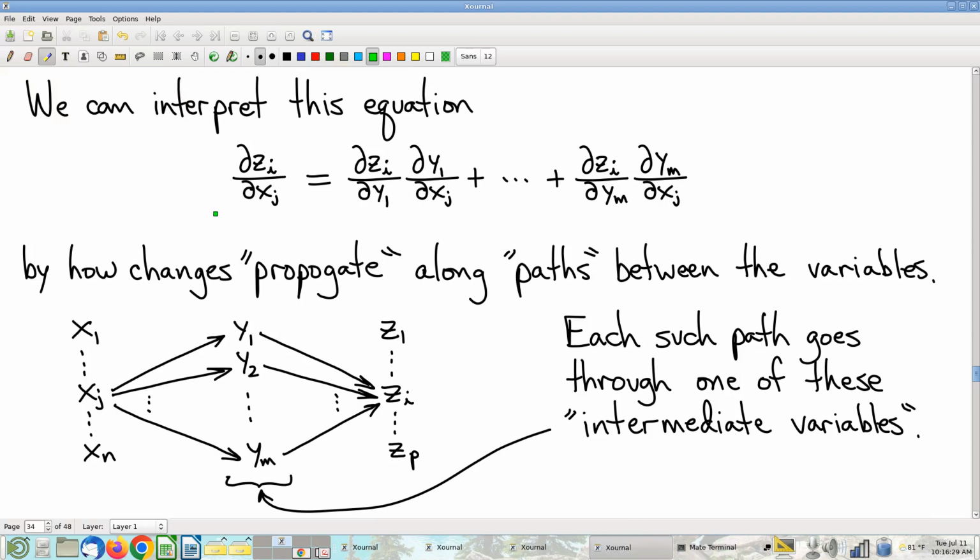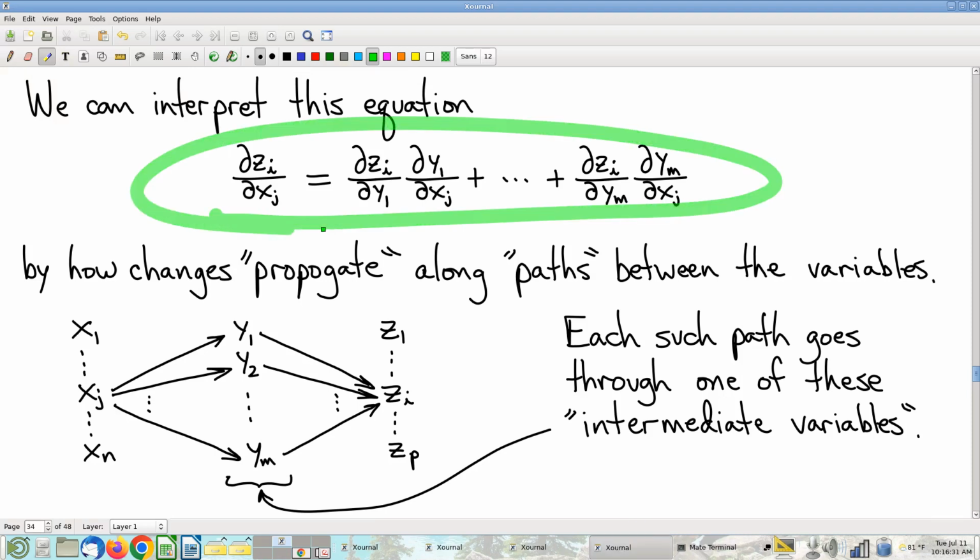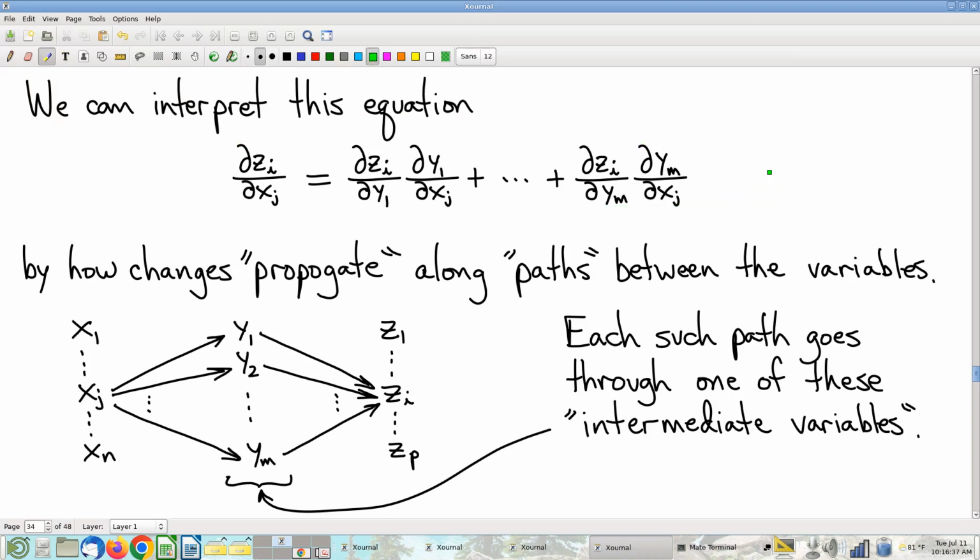Here's that same formula. I've just got different names for the variables. But that same formula, I'm going to propose that we can interpret it as follows. Notice I'm interested in computing the partial derivative of one of these output variables with respect to one of these input variables. Right?